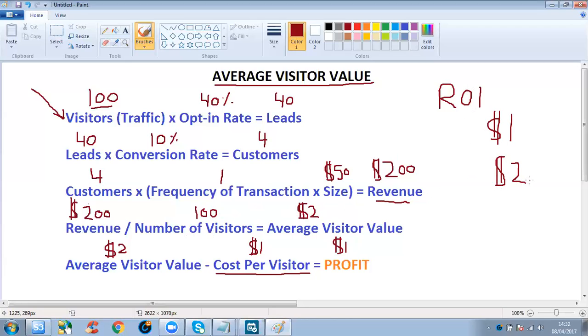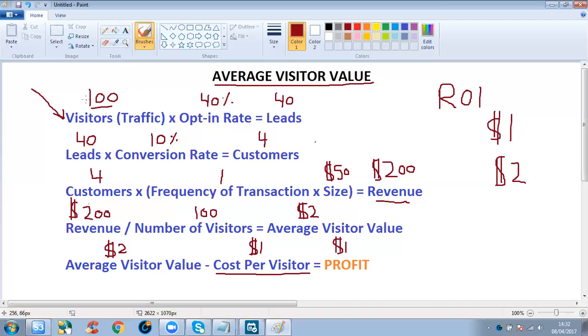And the great thing about measuring this is you can't improve what you don't measure. So you need to be measuring your numbers, knowing what your visitor value is, what your profit is, what your revenue is, what your conversion rates and your opt-in rates are, so that you can really maximize your online business and the amount of profit that you're making.